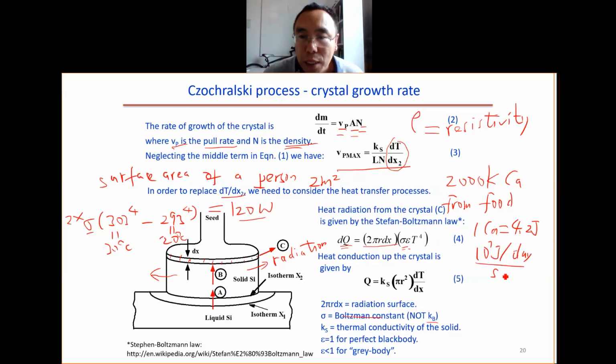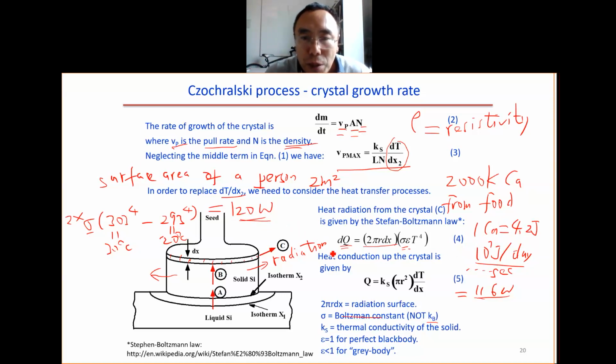Divided by the number of seconds per day, we get 116 watts. So this is the energy we take from the food, 116 watts. You can see this number is comparable to the number here. That means a large amount of our body heat is lost by black body radiation. What we eat becomes black body radiation, heat lost.